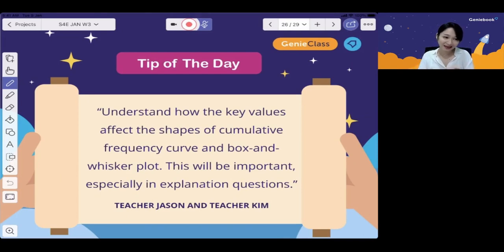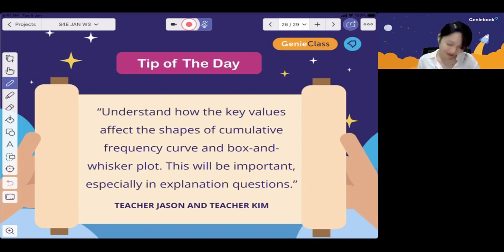I highly recommend that you do this, especially for this chapter, even if you haven't done the other chapters, because this chapter focuses a lot on explanation. The Genie Ask teachers will be able to help you through your explanation questions, unlike in Genie Smart sometimes, where the explanation isn't quite up there.